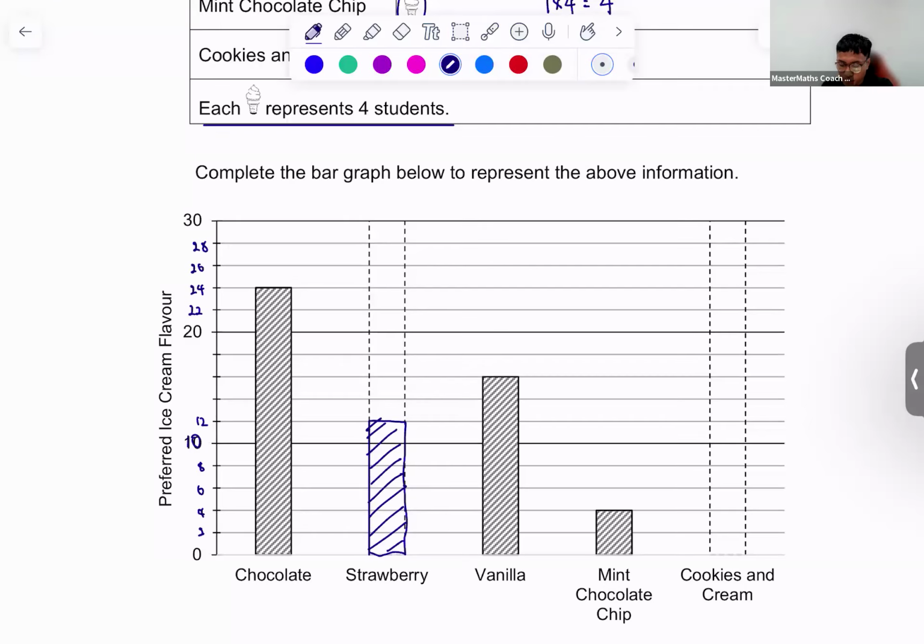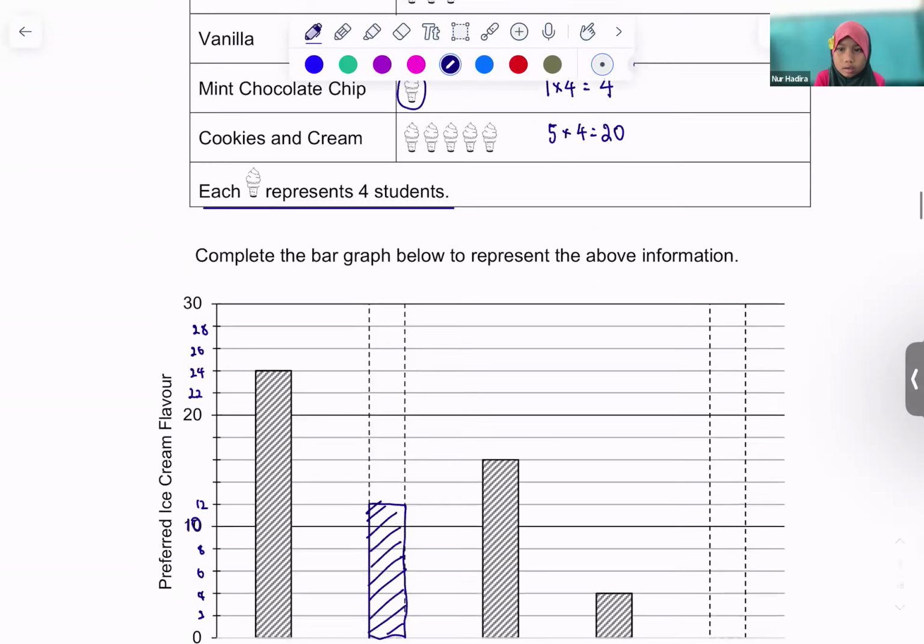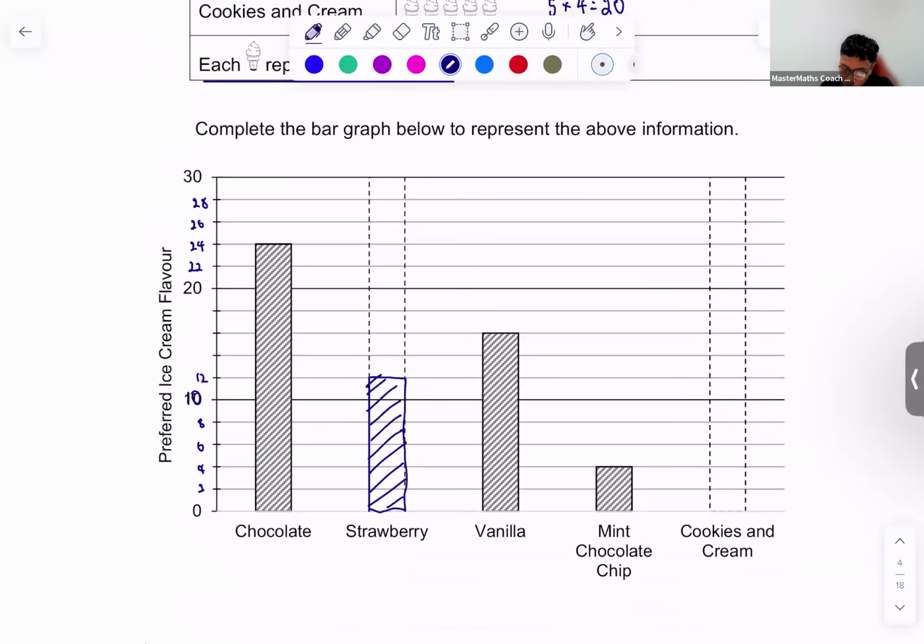Okay, the next one will be cookies and cream. You want to tell me how many students like cookies and cream? 20. Okay. So same as what we did for strawberry, you're going to put 20. So we know the line for 20 students is here. I'm just going to draw it like that.